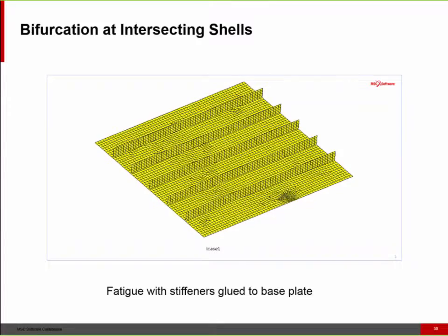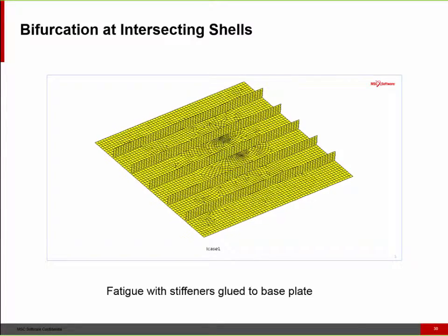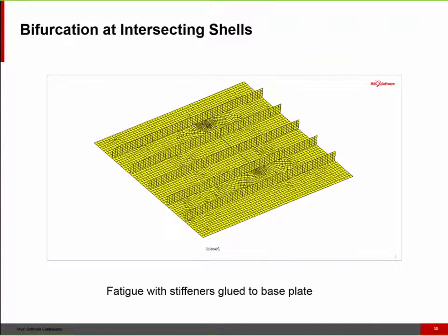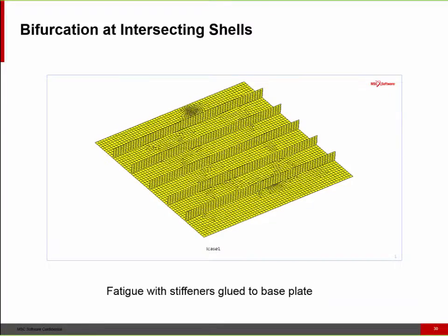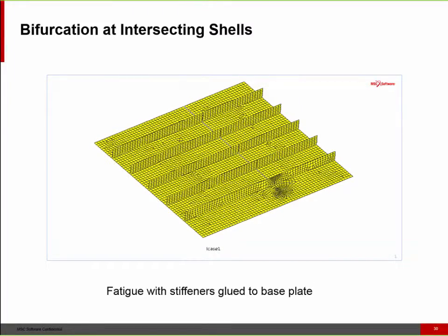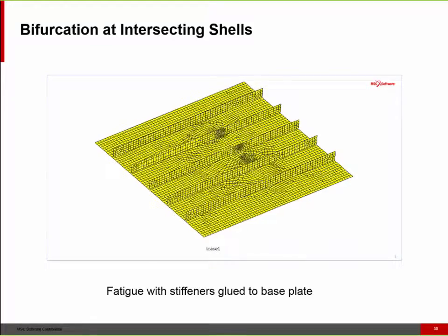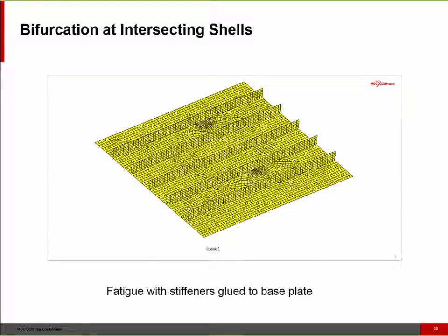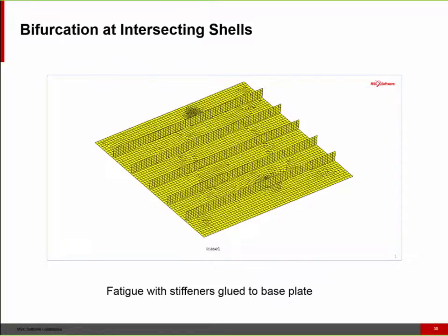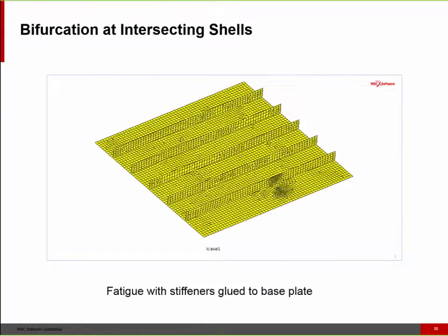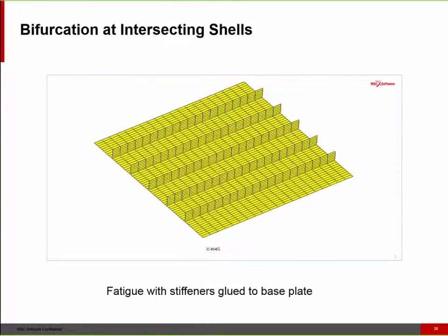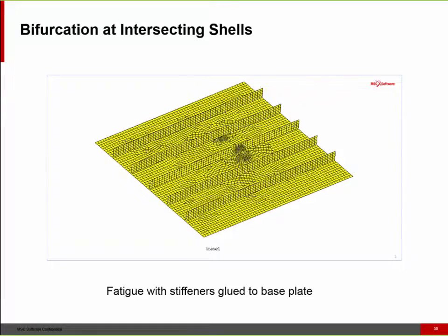As you can see, when the crack passes the intersections, the crack will continue to grow in the panel, and new cracks will be created in the stiffeners. And also, you can see that global remeshing is used to update the mesh.